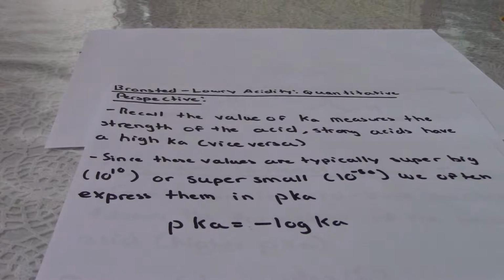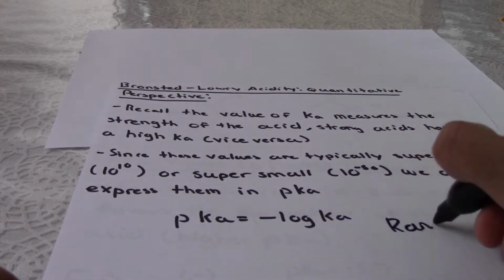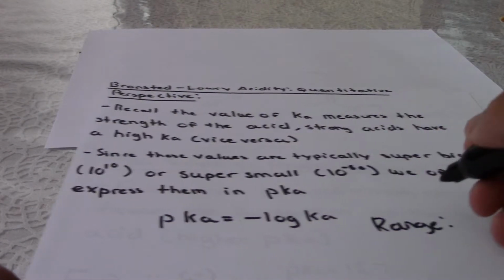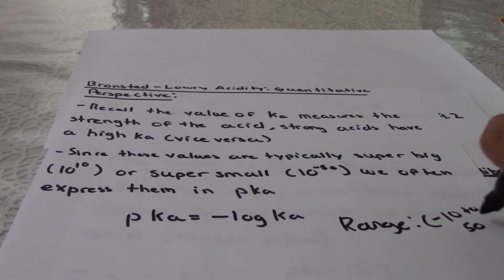What this relationship does is help bring these numbers down. Instead of being very high and super low, the range is probably going to go from about negative 10 to positive 50.